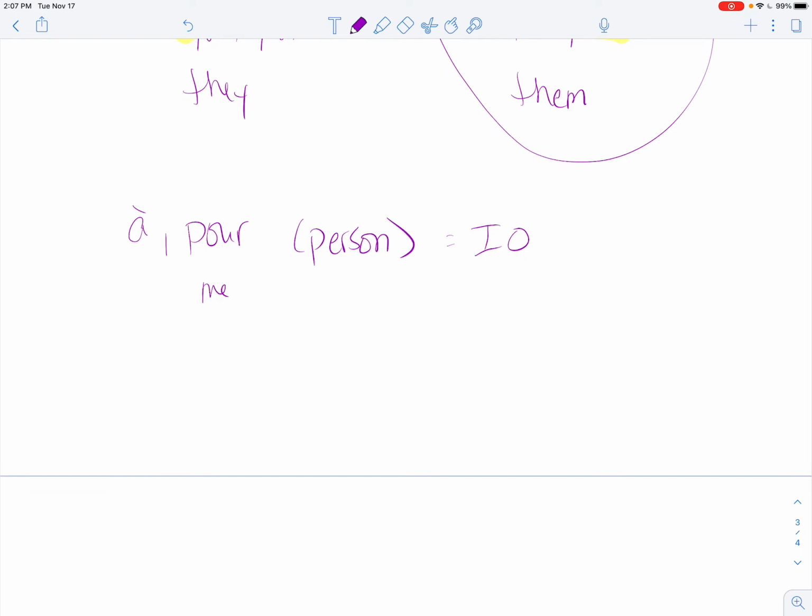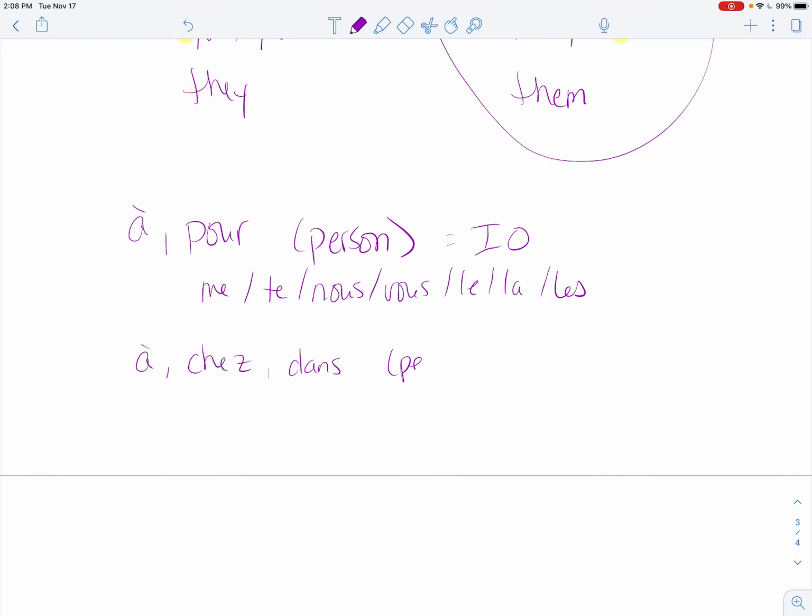And you then have to choose me, te, nous, vous, lui, or leur. If you have à, chez, or dans, and it is not a person, then it's going to be y. You don't have any choice to make. If you have de, then that's en.